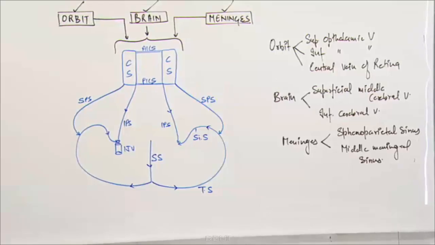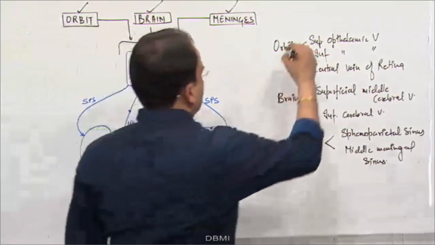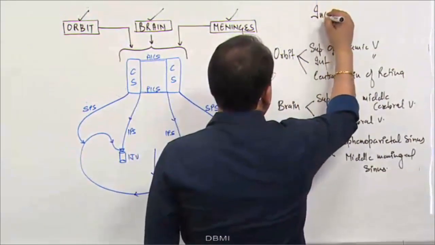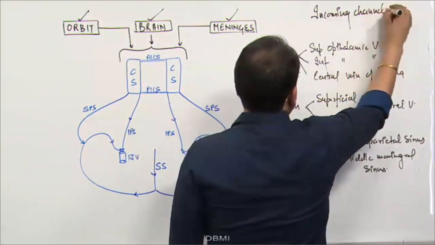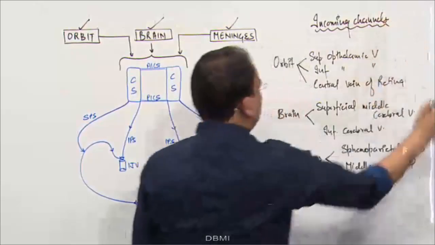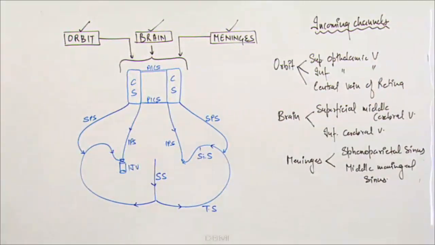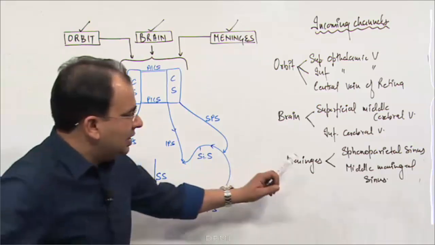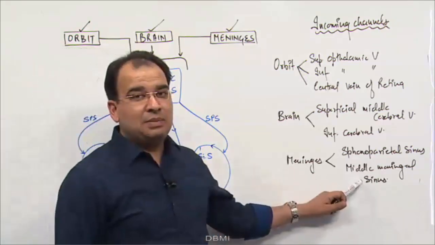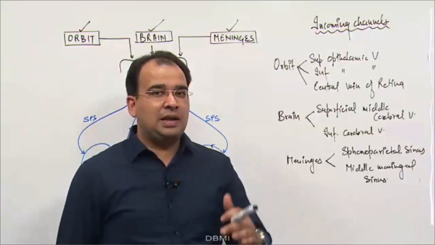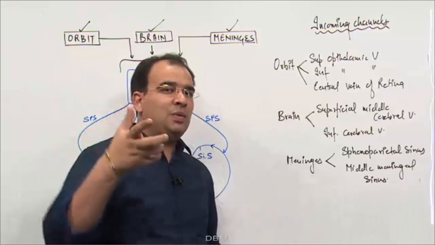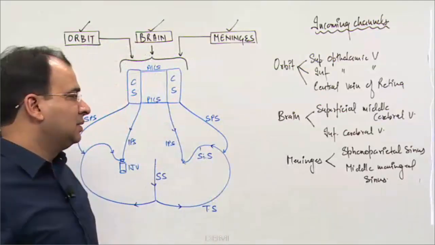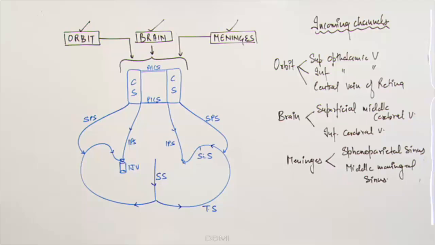These are all incoming tributaries to the cavernous sinus, from the orbit, from the brain and from the meninges. And when we say middle meningeal sinus, we are actually talking about the anterior tributary of the middle meningeal vein, which is referred to as the middle meningeal sinus.